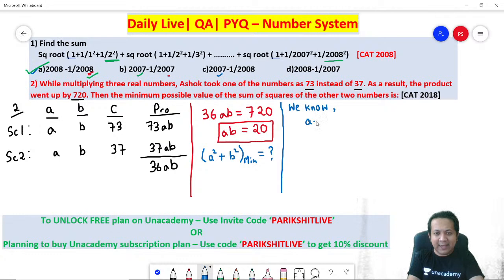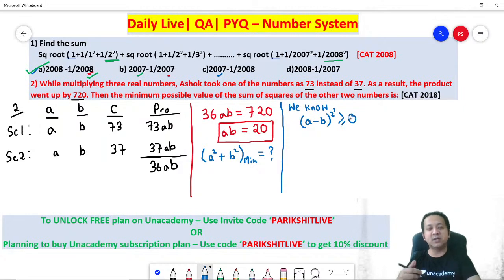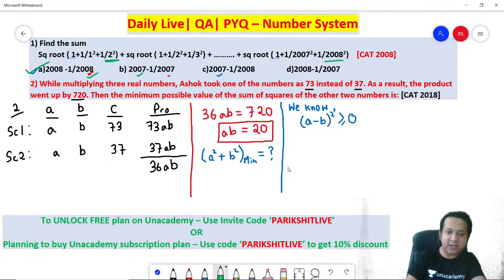We know that A minus B whole square should always be greater than or equal to 0. Why? When I say whole square, you are squaring something, and if you are squaring a term, obviously it cannot be negative. So the worst case is that it is 0; it is 0 or positive. Now expand it.